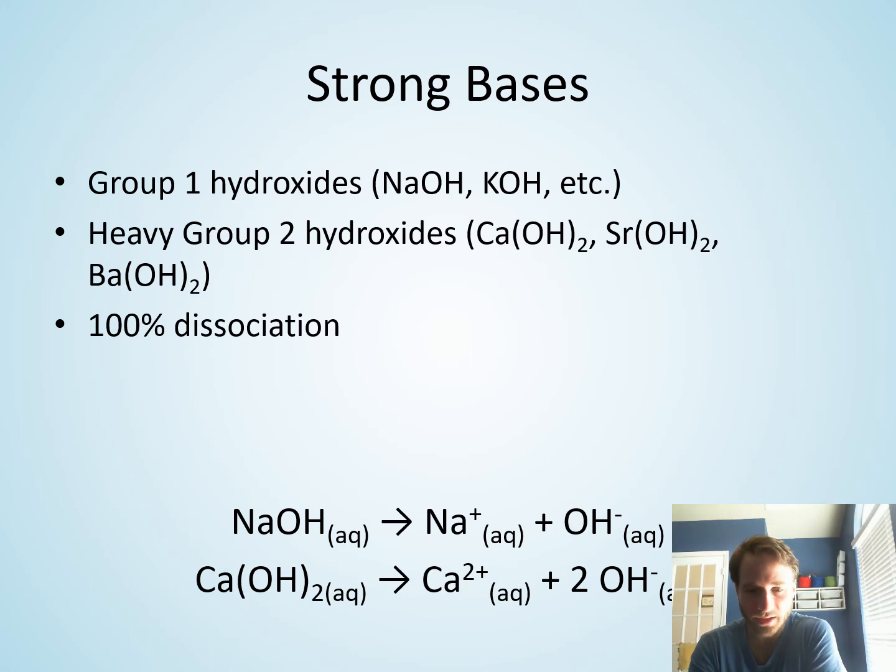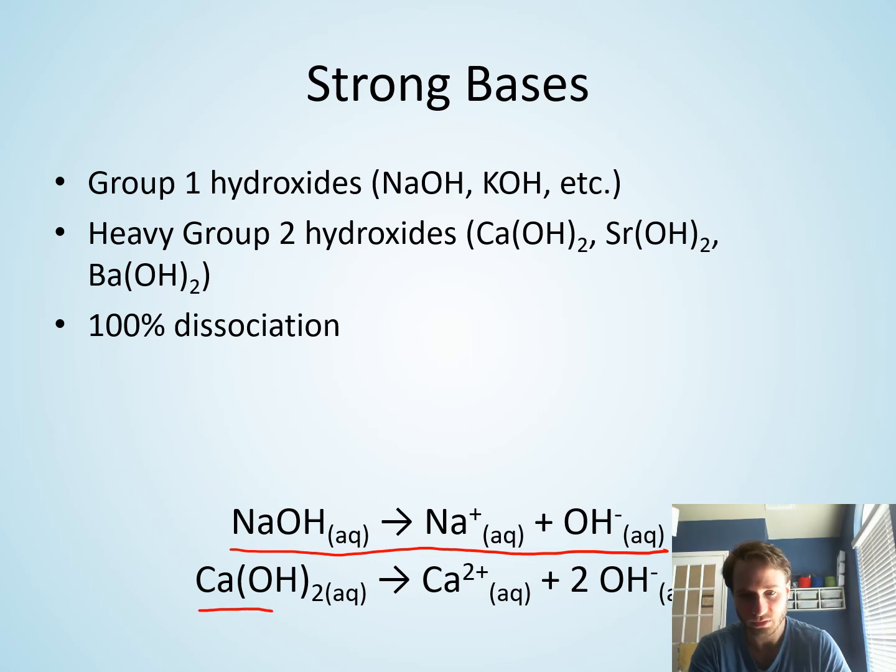They are considered strong bases because they fully dissociate, but note here that your group 1 hydroxides all fully dissociate into one OH- ion. But your group 2 hydroxides dissociate into two hydroxide ions, so you get 2 OH-.